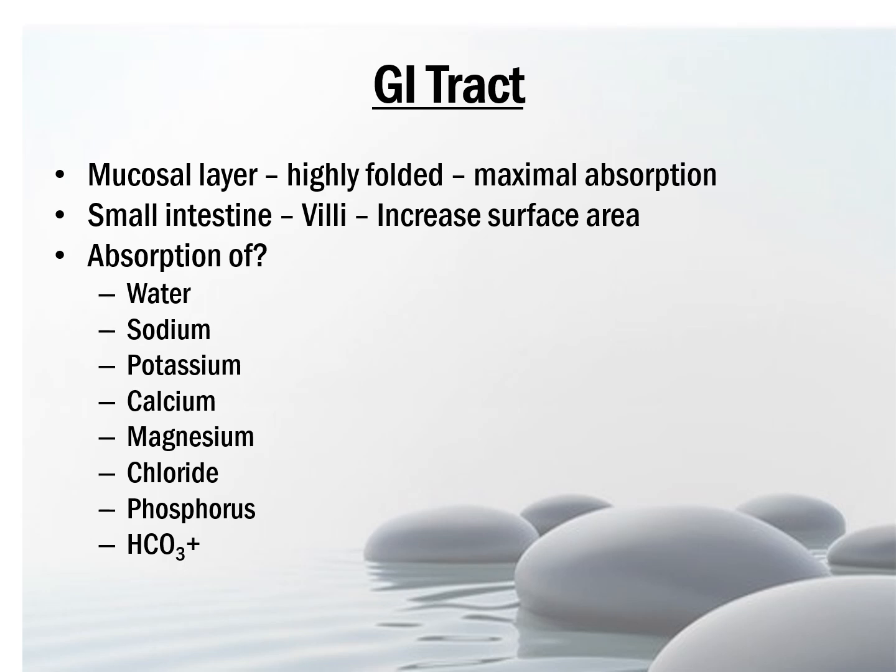The folding helps move the ingested material through the gastrointestinal tract for it to be metabolized, broken down, and ultimately absorbed. This highly folded and villiated area provides a larger surface area so that there's more exposure to the mucosal layer in order for the essential nutrients to be absorbed. So you have more optimal absorption because you've got more surface area.